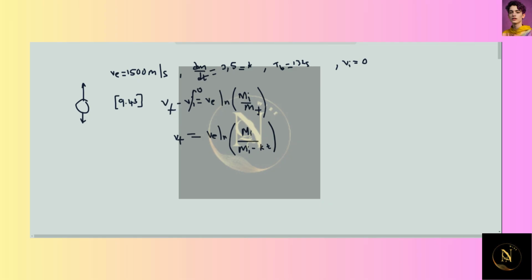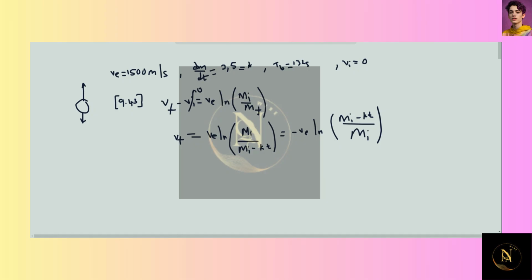But to put it in the form that's given, you have to reverse this log. That's just a matter of putting a negative sign here. So that becomes negative VE natural log of (MI minus KT) over MI. If you flip this, you have to carry a negative sign out, because it's log mi minus the denominator.